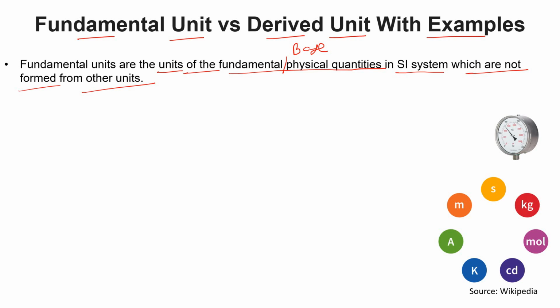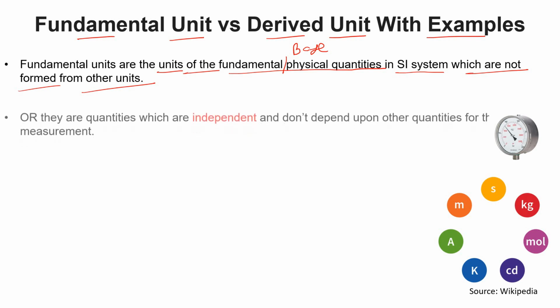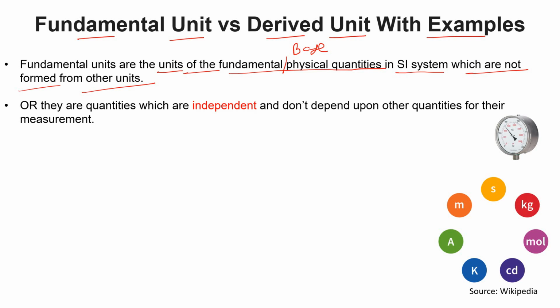It means those units are independent units, and those quantities are independent quantities, and they do not depend on other quantities for their measurement. Fundamental units are the base units and do not depend on other units for their measurements, right?